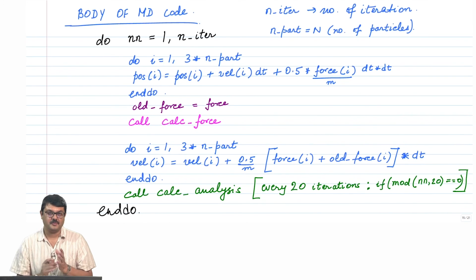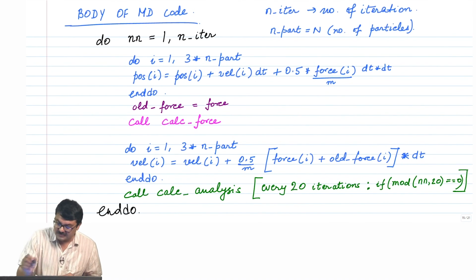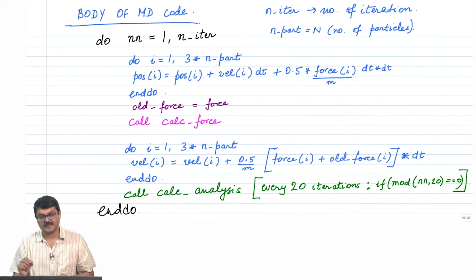You know, if you are integrating Newton's equations of motion, in one iteration the particles are not going to significantly change their position, and they are not going to significantly change their velocity. It is only after 20 or 100 or 1000 iterations, depending upon the value of dt, right.